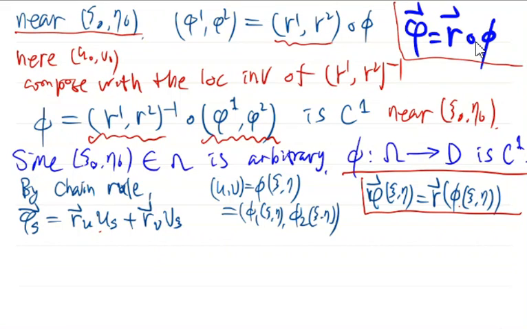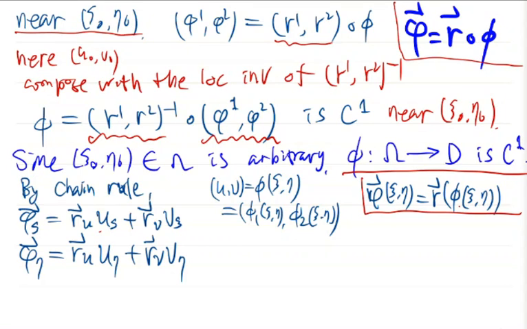So u is phi1(c, eta), v is phi2(c, eta). So the partial derivative of our vector valued phi with respect to c is R_u times u_c, or you can say phi1 with respect to c, plus R_v v_c. We also have another similar equality for the partial derivative with respect to eta, that is R_u u_eta plus R_v v_eta.